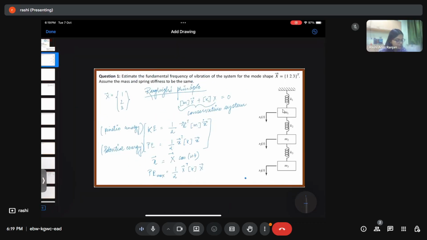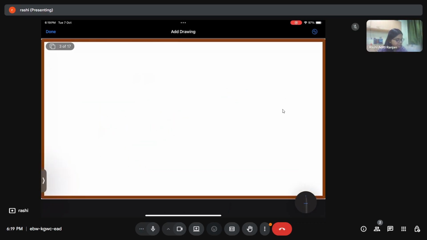And the maximum kinetic energy is going to be half X transpose M X omega square, correct?